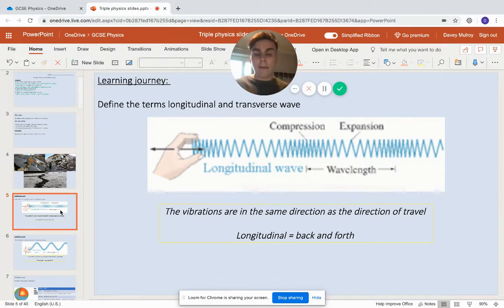And that is an example of a longitudinal wave. Now, you will notice in that yellow box, I've got the vibrations are in the same direction as the direction of travel, and longitudinal equals back and forth. Now, I need you to write this down, as this could be worth up to 2 marks in exam. So I want you to hit pause now.